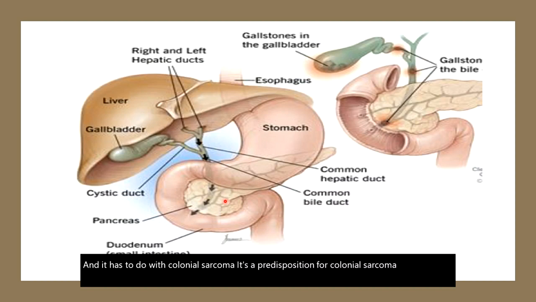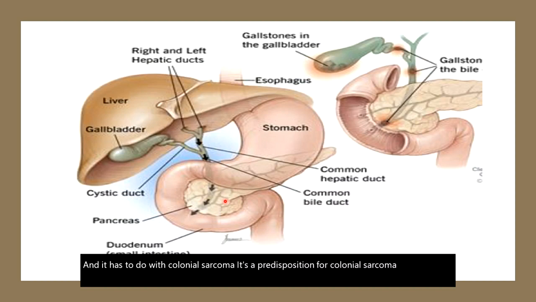Okay, if the obstruction is close and it will affect the pancreatic duct, it will produce a pancreatitis, and also it will produce obstruction of the bile duct with the corresponding consequences over the liver. Okay? So when we have a pancreatitis due to a gallstone coming from the gallbladder or from the bile duct, that is called gallstone pancreatitis.